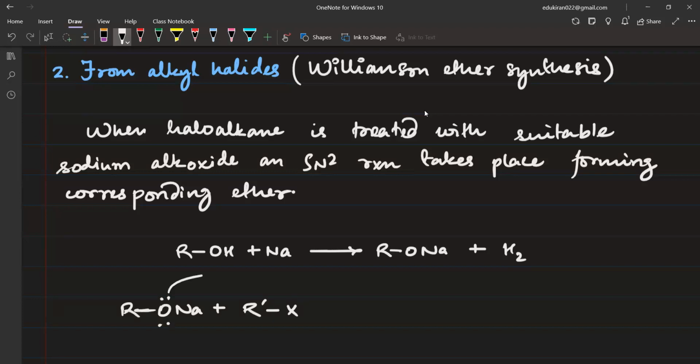Now this oxygen atom is going to attack the alkyl group like this, and we are going to get RO from the alkoxide, and then R from the alkyl halide. Is this clear? Yes or no? Please tell me. याद रहेगा सबको?